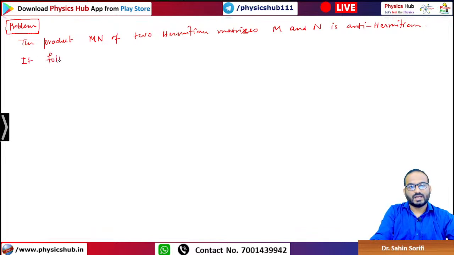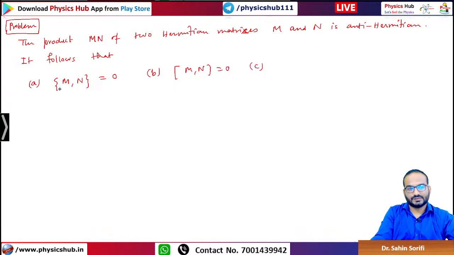It follows that, look, this symbol is denoting the anti-commutator of M and N. This is the commutator. Third bracket is commutator, second bracket is anti-commutator. Until and unless it is specified in the question, this is the normal system.